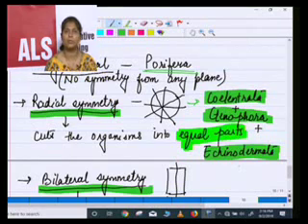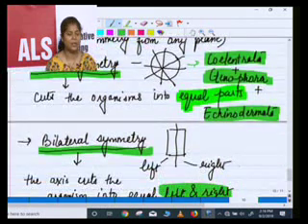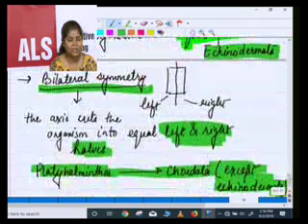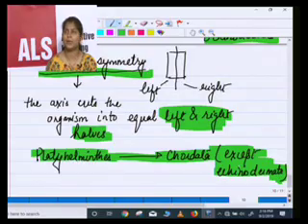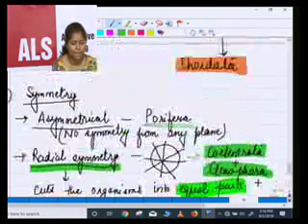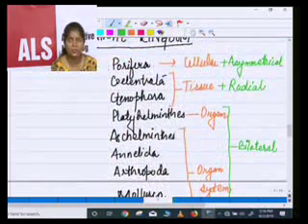Symmetry has asymmetry, Porifera; radial symmetry, Coelenterata, Ctenophora, and Echinodermata; and then bilateral symmetry, that is equal left and right halves, Platyhelminthes to Chordata, but not Echinodermata. Clear? Keep on copying and updating this table.